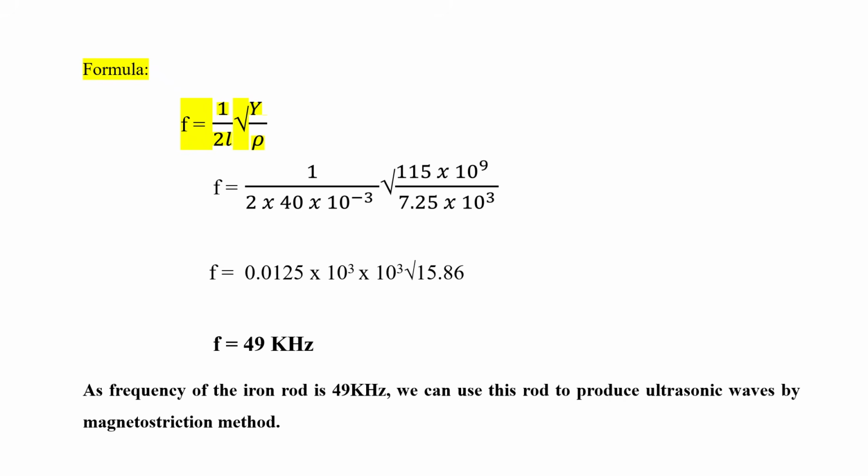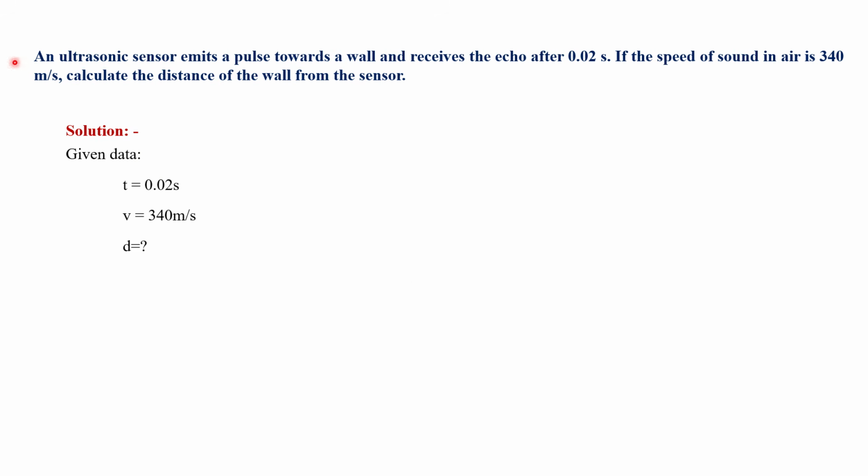Now let's have one statement related to the distance calculation. An ultrasonic sensor emits a pulse towards a wall and receives the echo after 0.02 seconds. If the speed of sound in air is 340 meter per second, calculate the distance of the wall from the sensor. This is the problem statement.